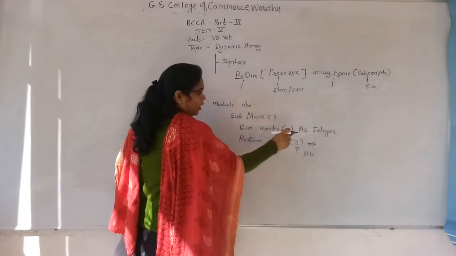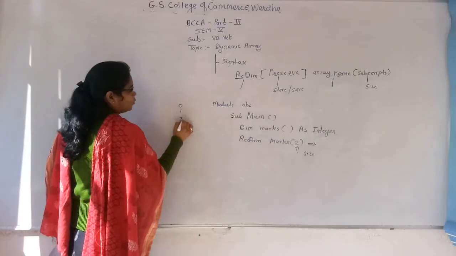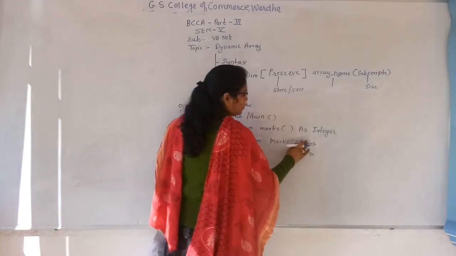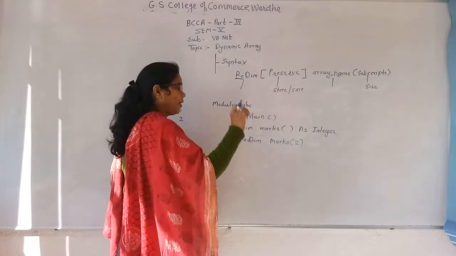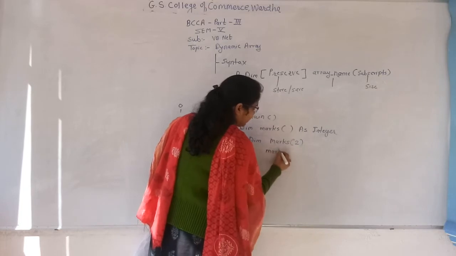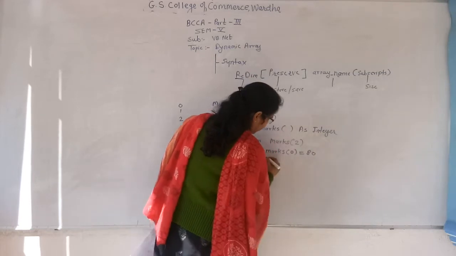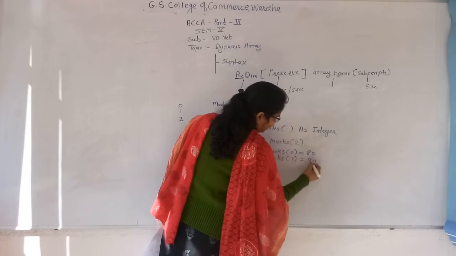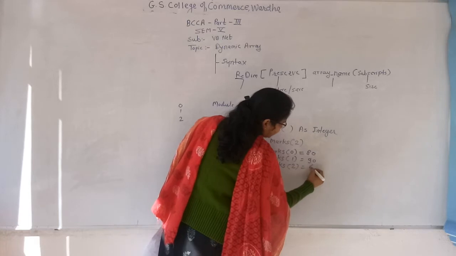So according to this statement, marks will store positions 0, 1, 2. That means 3 elements in marks. Now we can save 3 elements in the marks array as integer type. We can directly initialize marks position 0 equals 80, marks position 1 equals 90, and marks position 2 equals 60, suppose.